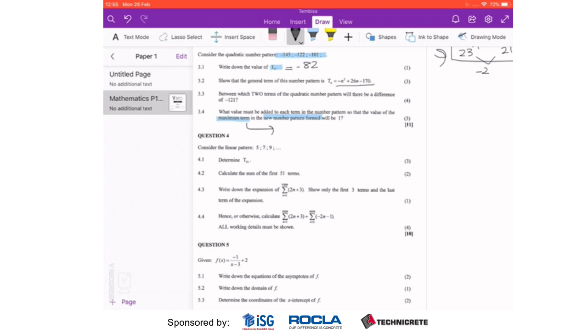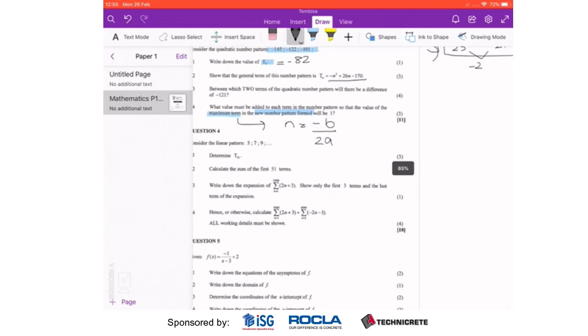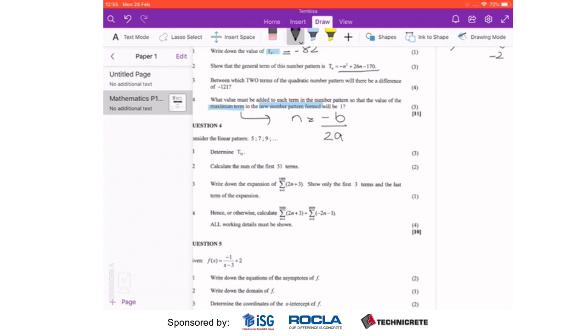Maximum term has its own formula, and n is equal to negative b over 2a. That's coming from quadratic graphs. The maximum number in a quadratic graph is at negative b over 2a, and that's technically what they're wanting us to solve. They're wanting us to find a new pattern formed where the maximum number will be 1.